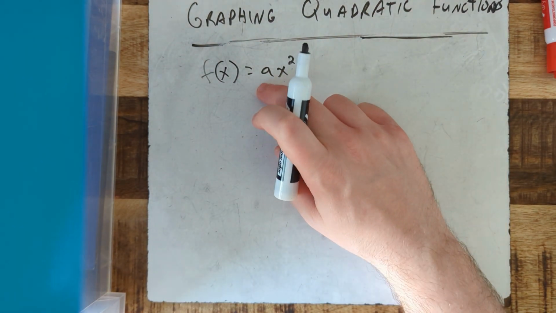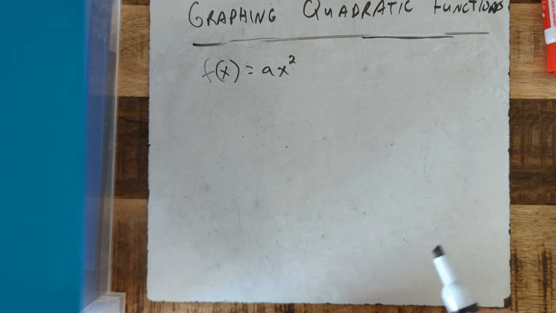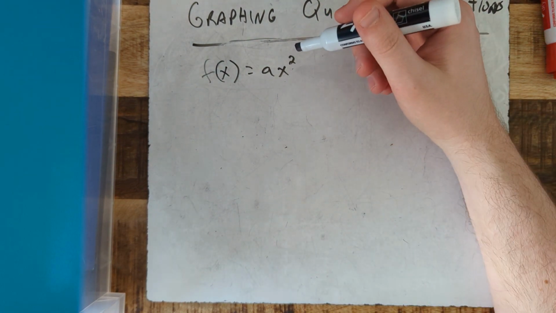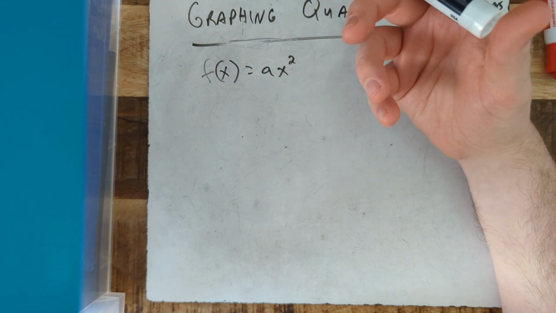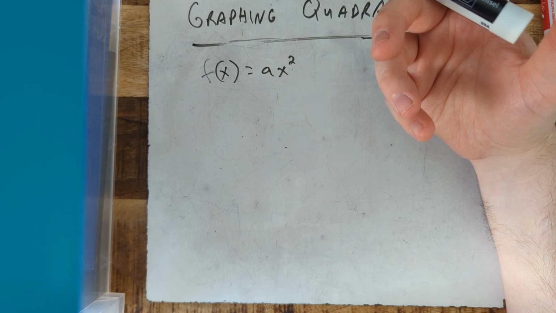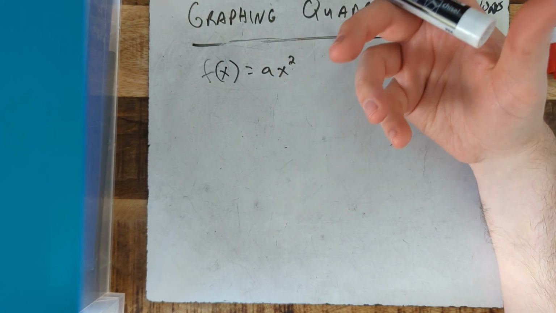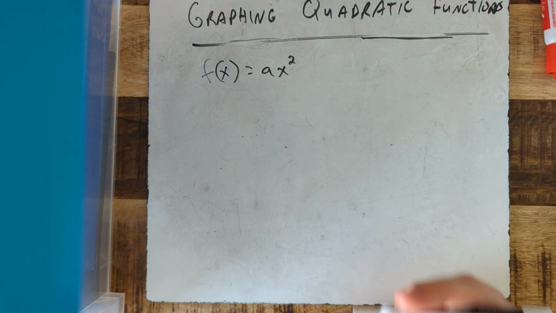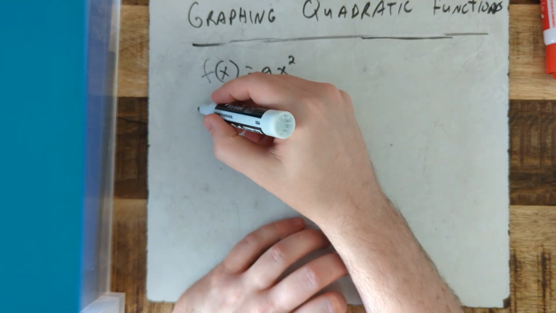A is just going to take the place of whatever number we put there. Okay, we don't know what it is yet. It's just a variable that we're going to use. Okay. So some rules to follow when you are drawing these graphs, or if you're asked a question about this graph. Okay. So it's 4 basic rules to follow. Okay, and we're going to write these down here.